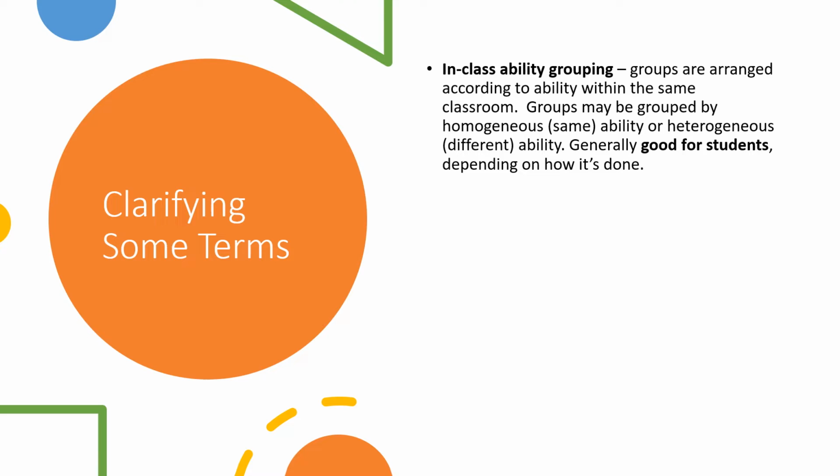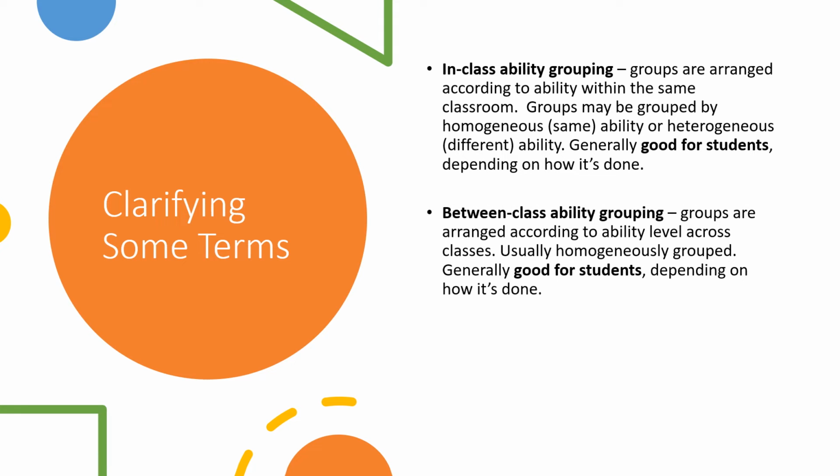In-class ability grouping, homogeneous grouping that is, is generally good for students, depending on how it's done. Between class ability grouping is when groups are arranged according to ability level across classes. This is usually done homogeneously, grouping students with the same ability together.